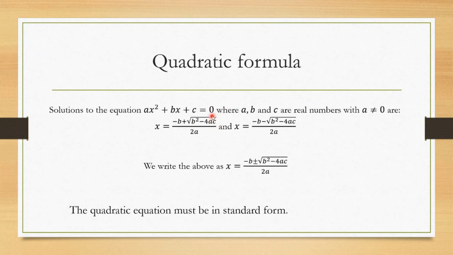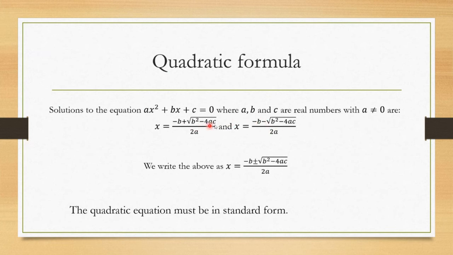And the two solutions to this equation are -b plus the square root of b squared minus 4ac over 2a, and -b minus the square root of b squared minus 4ac over 2a.